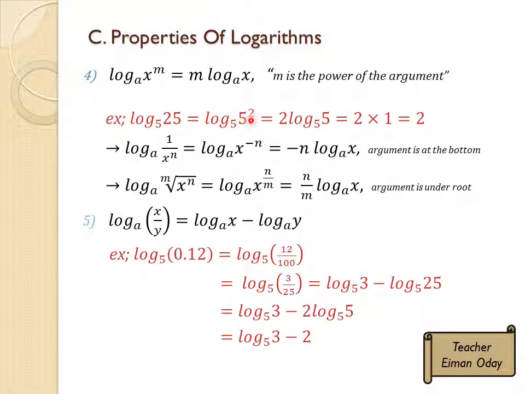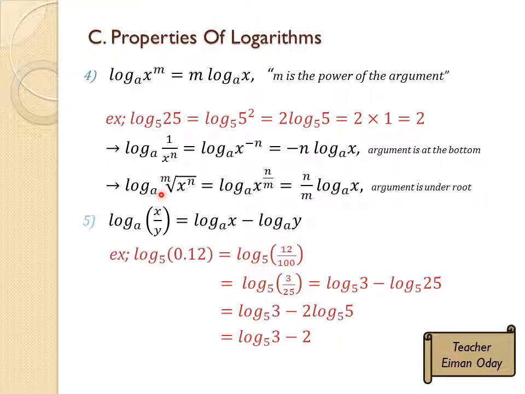And now this 2 is just the power here, so I can put it beside the logarithm. Then I will have logarithm 5 to the base 5 multiplied by 2. And just from the first property, if the argument and the base are equal, the value of the logarithm equals 1. And then 2 times 1 is 2.